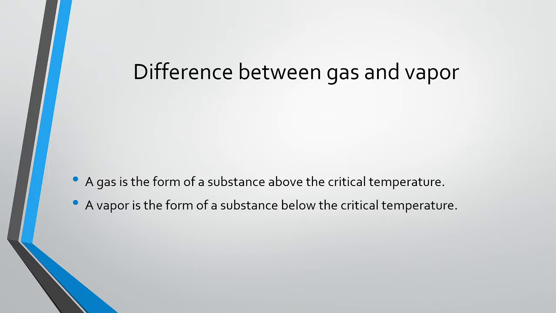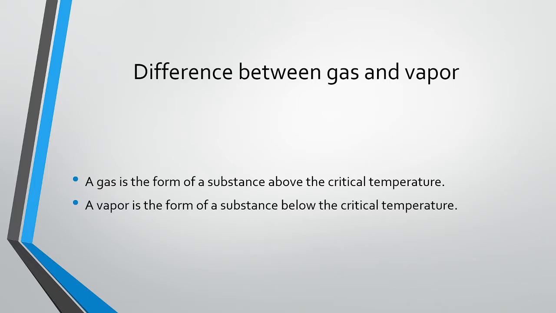So the critical temperature is a turning point here. If the temperature is above the critical one, then it will act as gas, and if the temperature is below the critical point, then it will act as vapor.